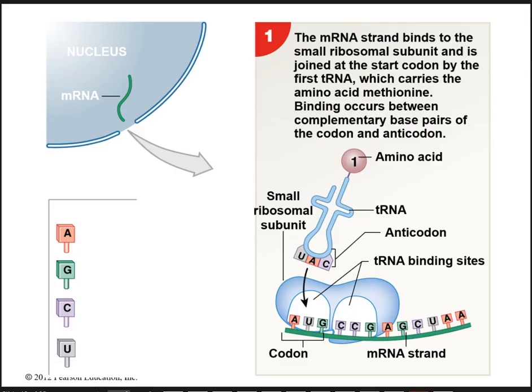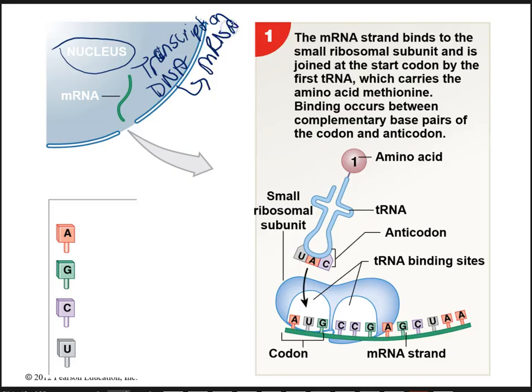All right, so first, remember up here in the nucleus, we have transcription. And transcription is where we take the DNA and we copy it to make a strand of mRNA.